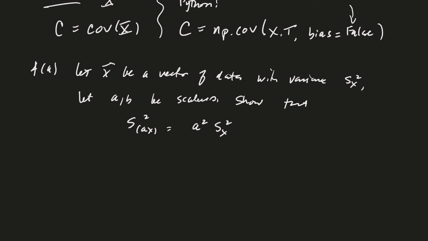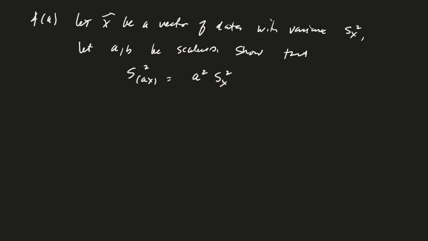Okay, so let's see. What is that in terms of our definition? Right, that's 1 over, did I say how long those vectors were? I did not, so I guess we'll just use m for the length of the vector. Sum from i equals 1 to m. And then we're going to take a times our xi, minus a x bar, the mean of aX, squared.